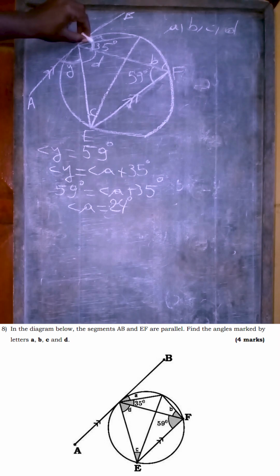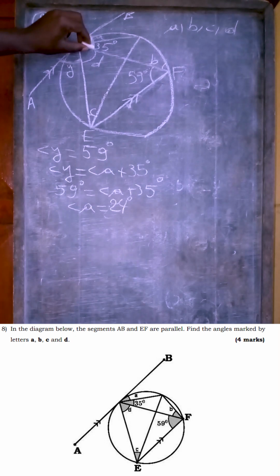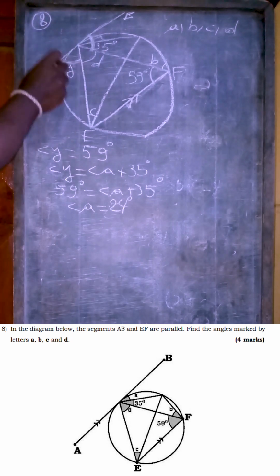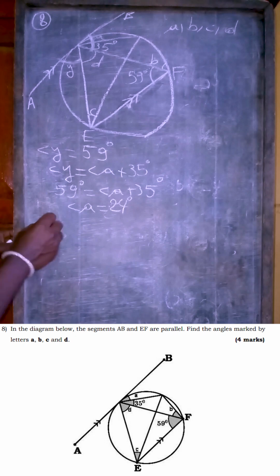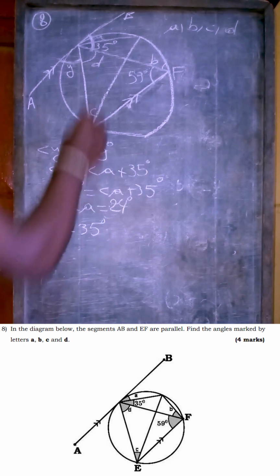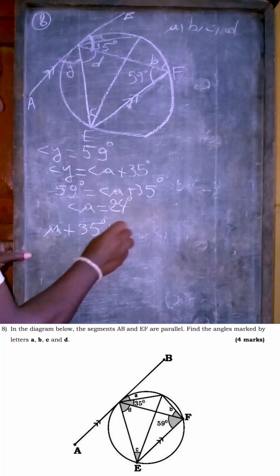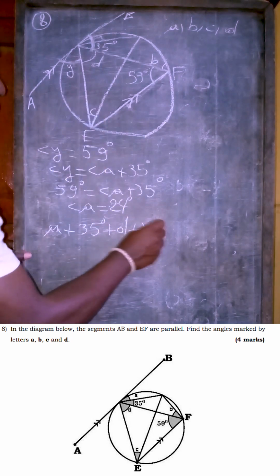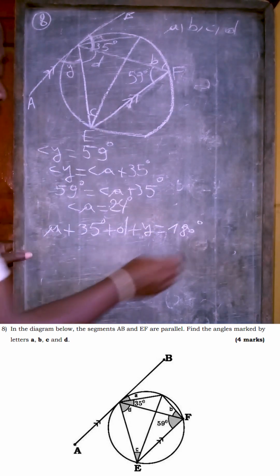And then, after knowing the value of A, we can sum up this angle, which is A plus 35 degrees plus D plus Y, from here up to here is equal to 180 degrees.